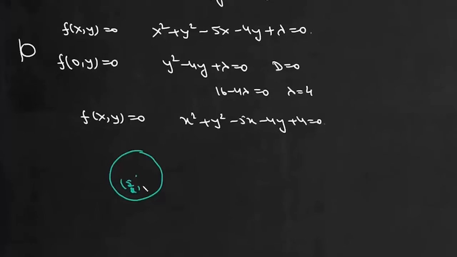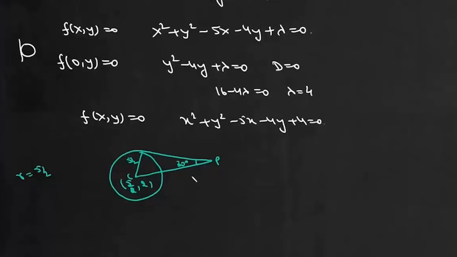Now center of the circle is (5 by 2, 2) and its radius is 5 by 2. We have this point P, which makes an angle 60 degrees. So this angle is 30 degrees. Now this is 5 by 2.